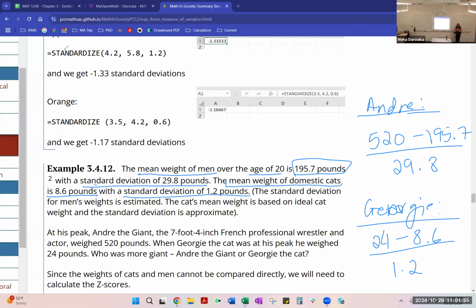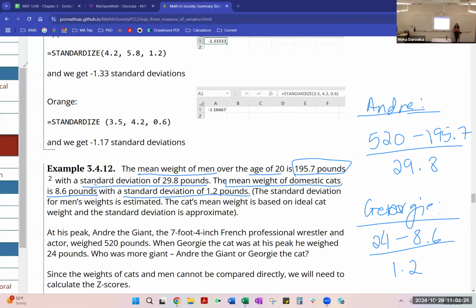But when we put this through our calculation, in both cases you will see the man and the cat were heavier than the average, right? So they're quite a bit above their average, because cats are at a mean of 8.6. So 24 is 3 times the average weight, isn't it? And Andre at 520, even if we said 200 was the average, is about 2.5 times more than the average person, right?